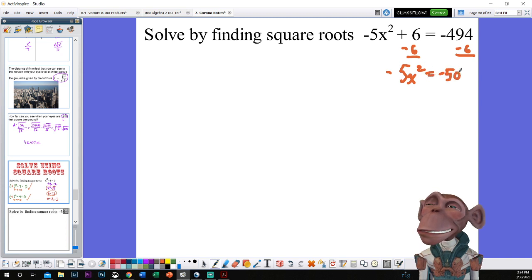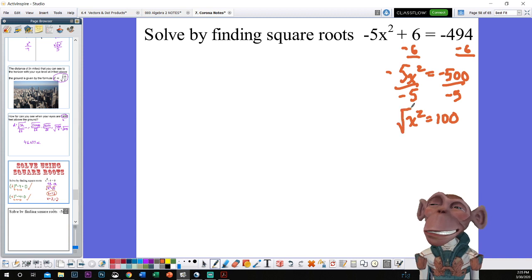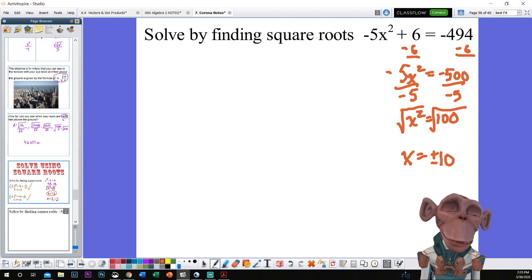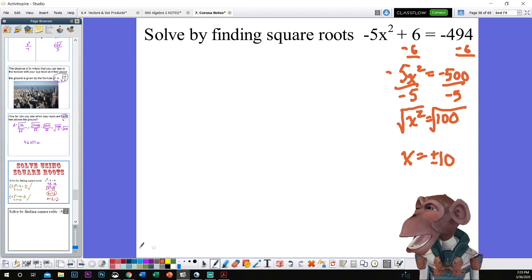Then we would divide by negative 5, and we get x squared equals 100. Then finally the x squared is all by itself, so I'm allowed to square root now, and that gives us x equals 10, right? No, of course not. You all knew to put the plus or minus there. Great job.